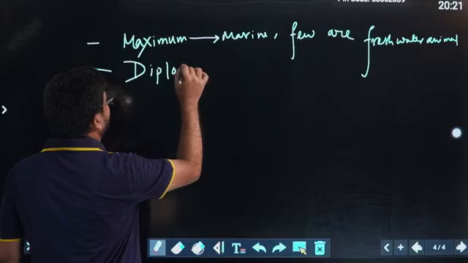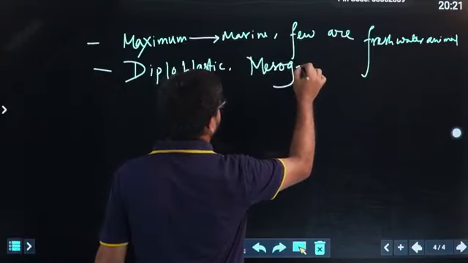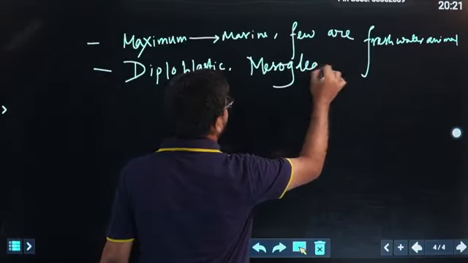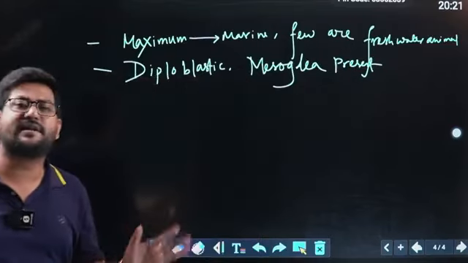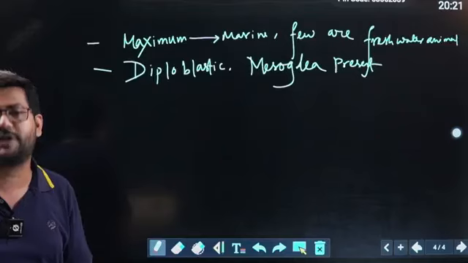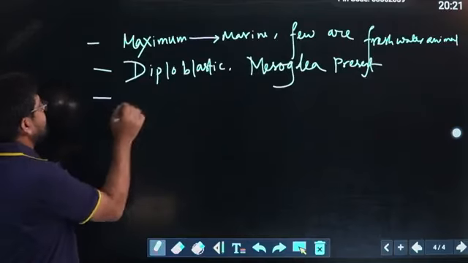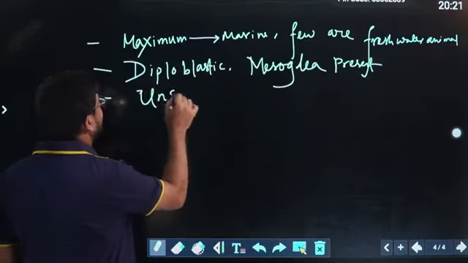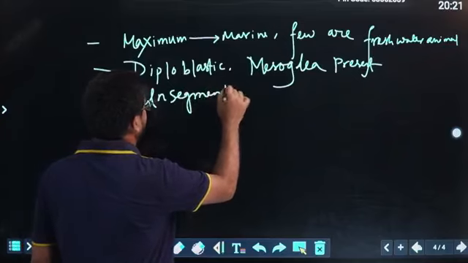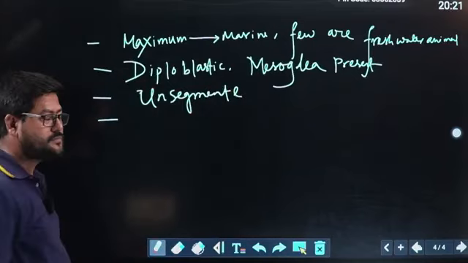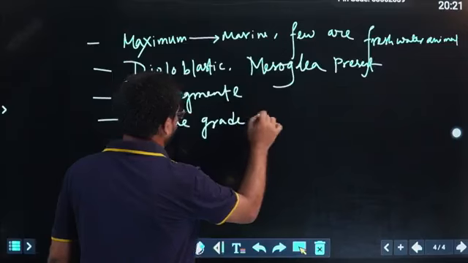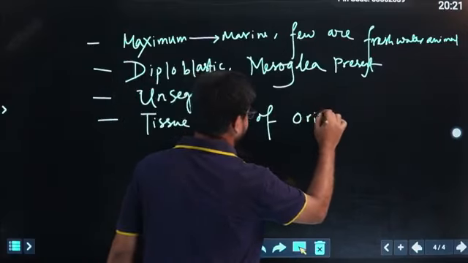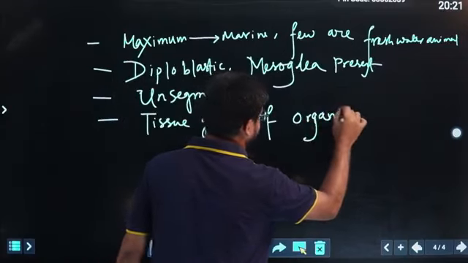Mesoglea present. Mesoglea is a cellular jelly-like substance. Look, here I am just writing the key points. Writing the total sentence is very tough here because of the time. So importantly, next thing is that it is unsegmented. Another thing you have learned is that this animal has a tissue grade of organization.